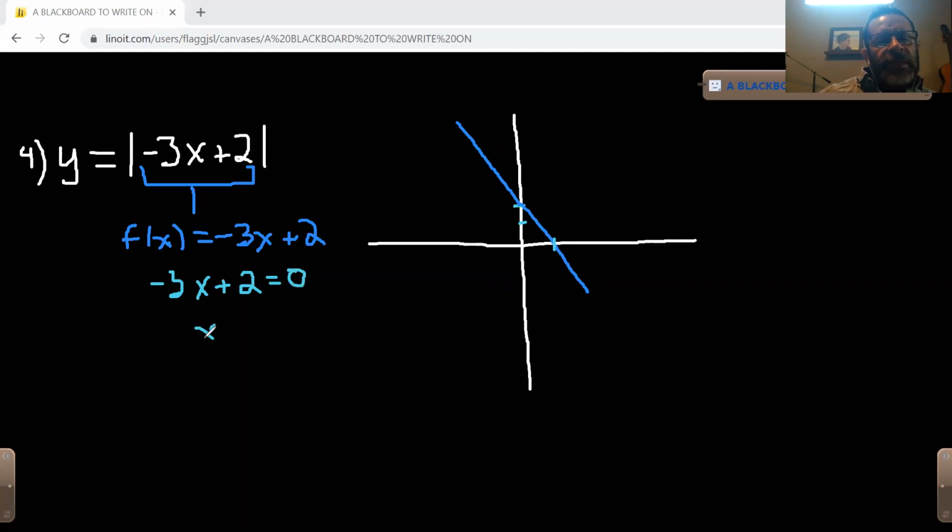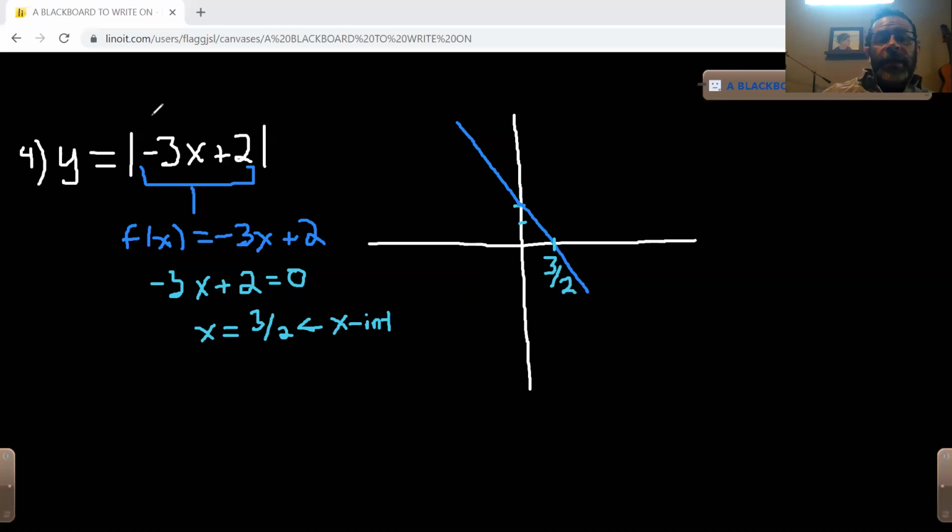And so this means that x is going to be equal to 3 divided by 2. And this is the x-intercept. So this value here is 3 divided by 2. Is that clear to everybody? Questions up to this point?